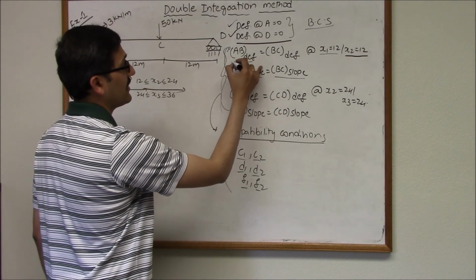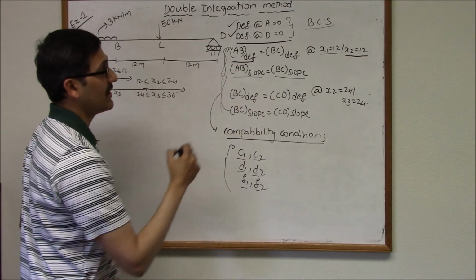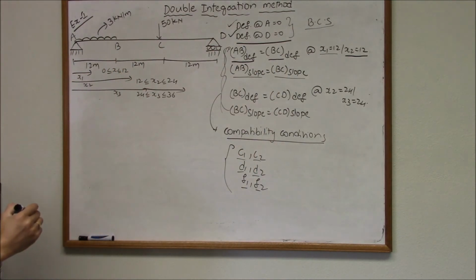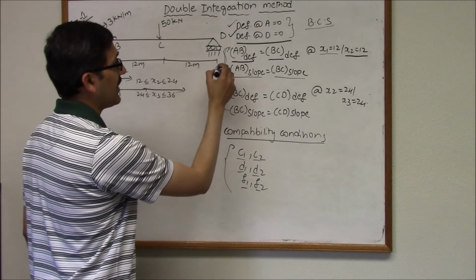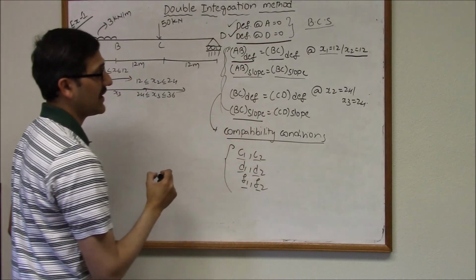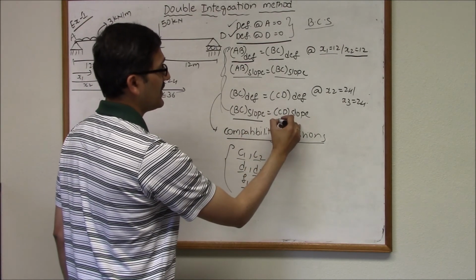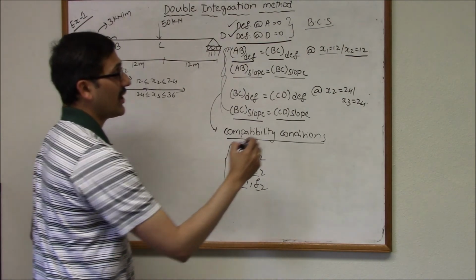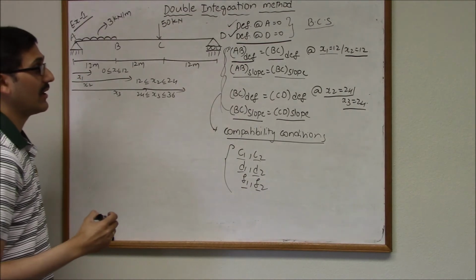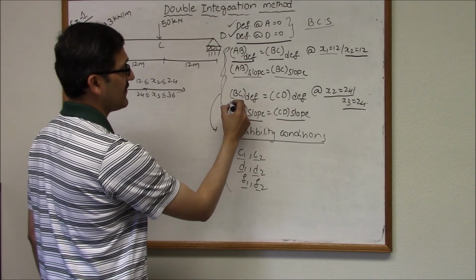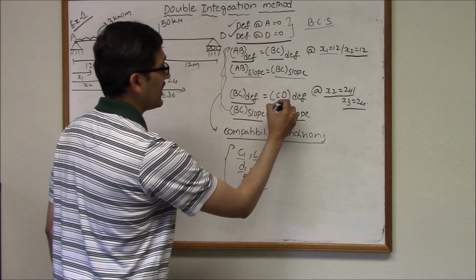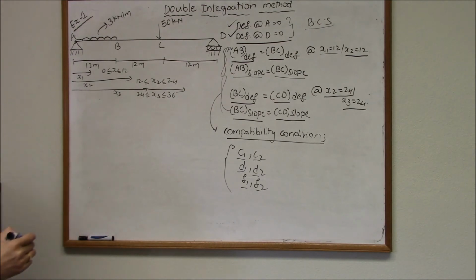Similarly, the deflection in the span AB at the point B should be equal to the deflection in the span BC at the point B. By using the same logic, we can find out the slope at the point C in the span BC and equate it to the slope in the span CD at the point C. The point C is where x2 is equal to 24 and x3 is equal to 24. We will have one more compatibility equation when we equate the deflection at the point C in the span BC with the deflection at the point C in the span CD.